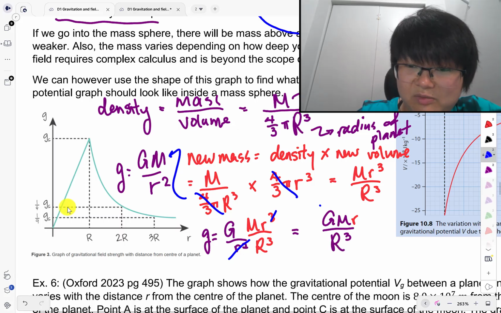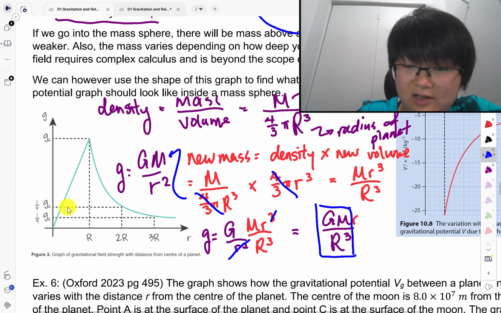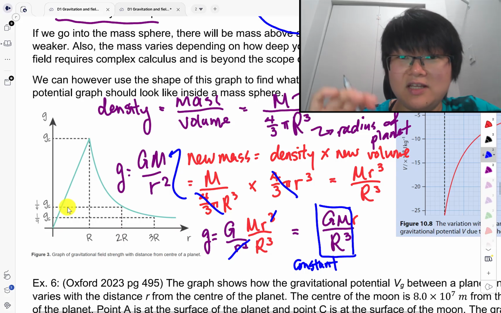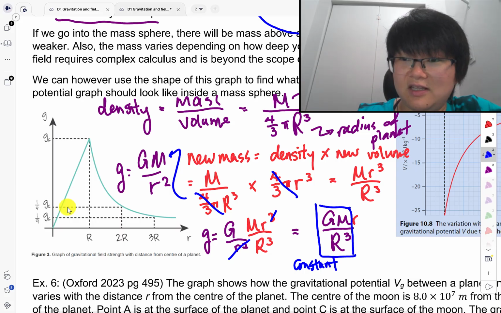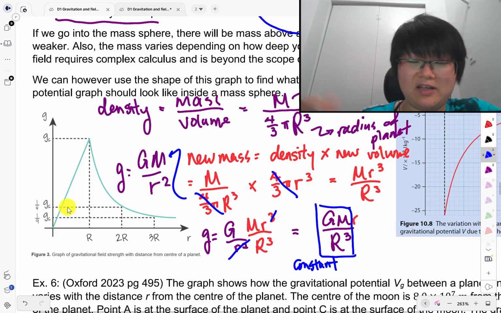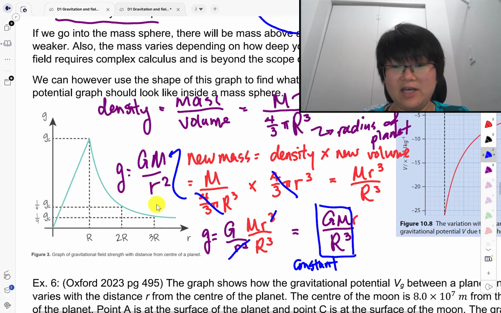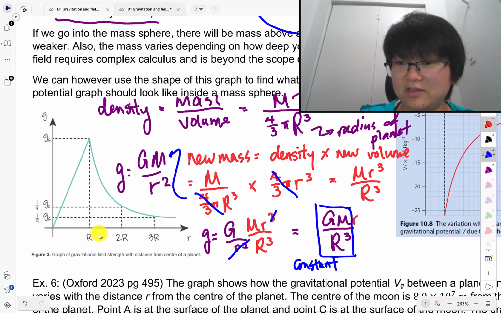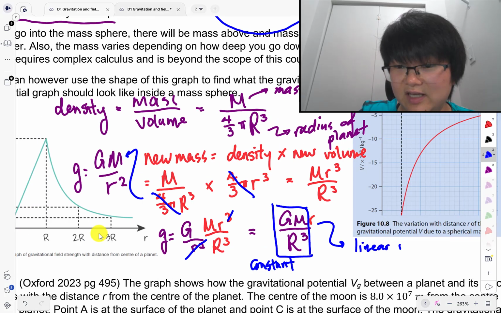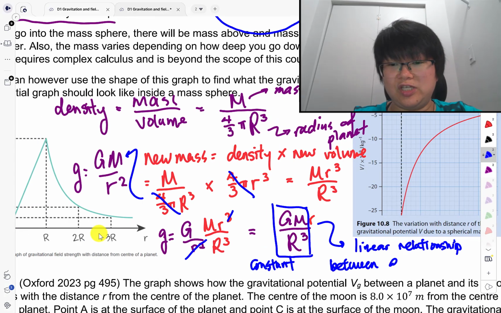Notice that big G, big M, and big R cubed, this is a constant, because the mass of the Earth is always constant, the radius of the Earth is constant, and the only thing here that varies depending on which part of the Earth you want is the small r. And notice it's only to the exponent of 1, meaning that this is going to give us a linear relationship between g and r.